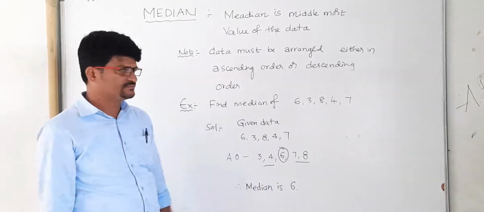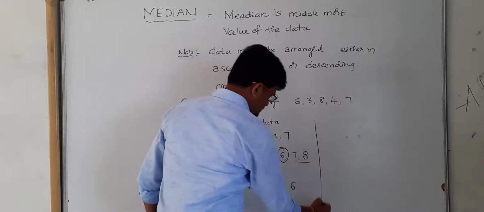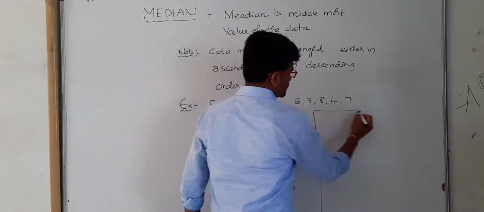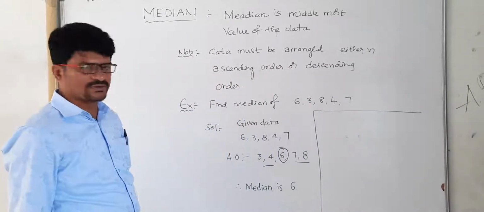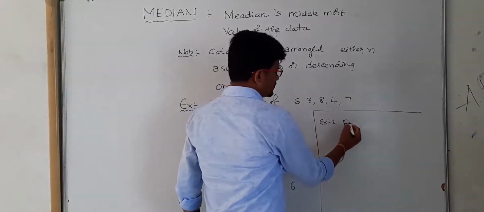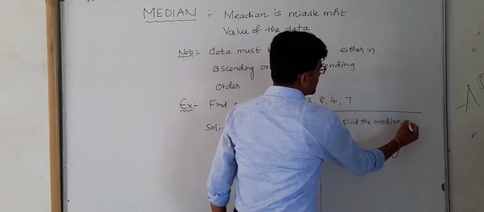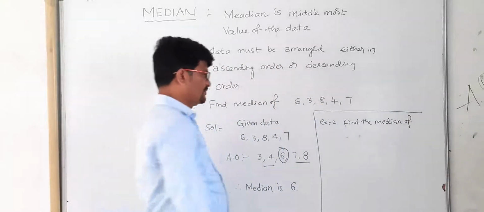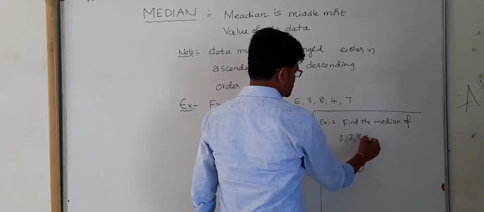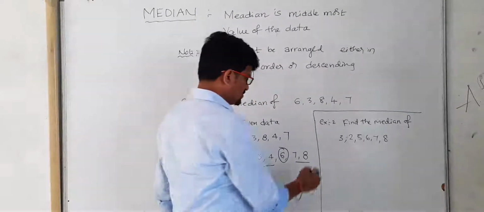Clear? Another example. Find the median of 3, 2, 5, 6, 7, 8. Look here. Solution.